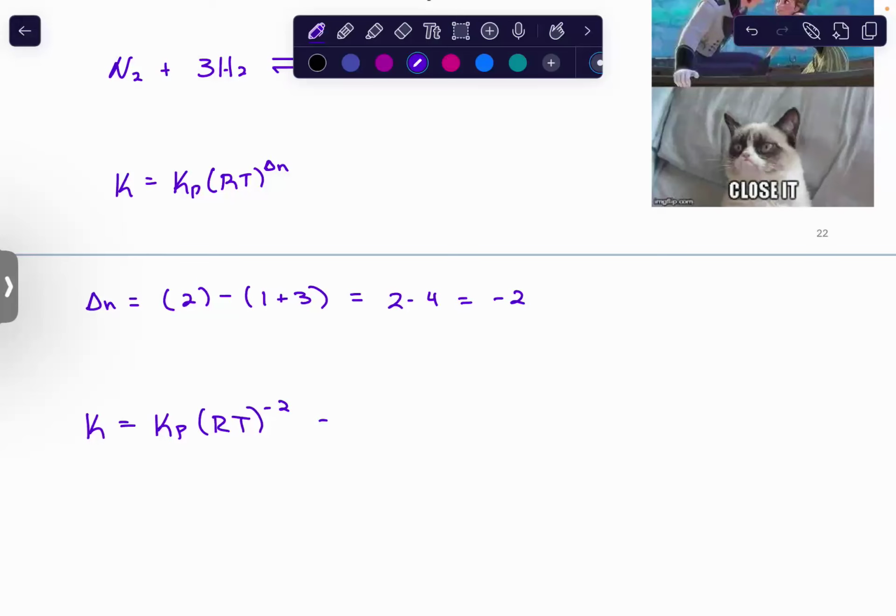Or we also know that a negative exponent puts the quantity in the denominator. Okay, so that is your connection going from your equilibrium constant for concentration to pressure.